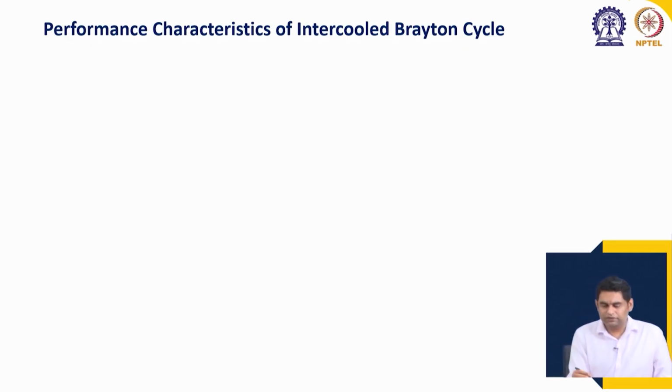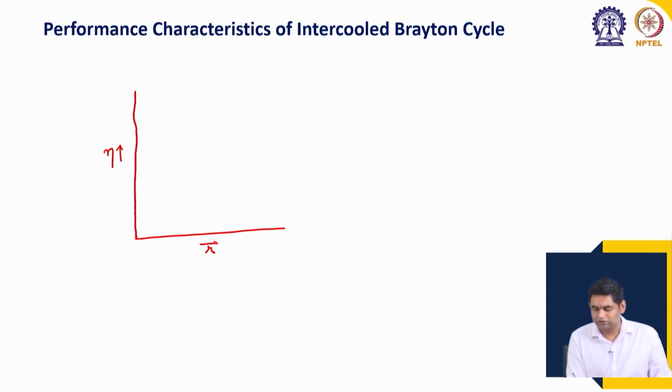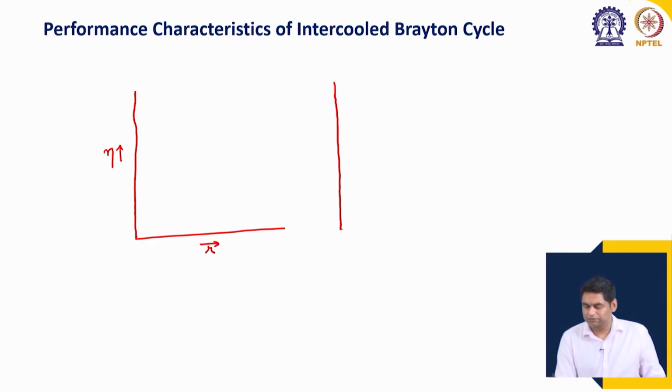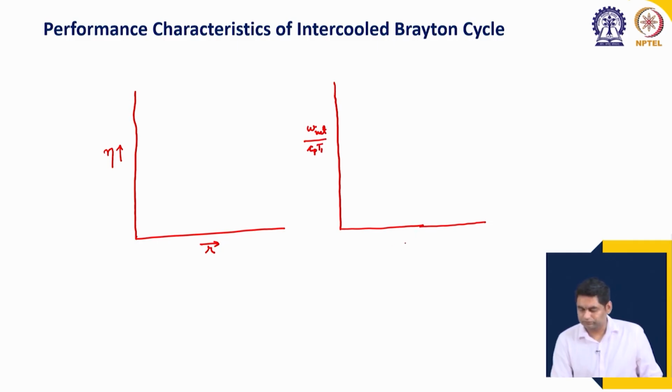Let us first draw the efficiency versus pressure ratio, and we will also draw the net specific work output in non-dimensional form, W net by Cp T1, versus R.